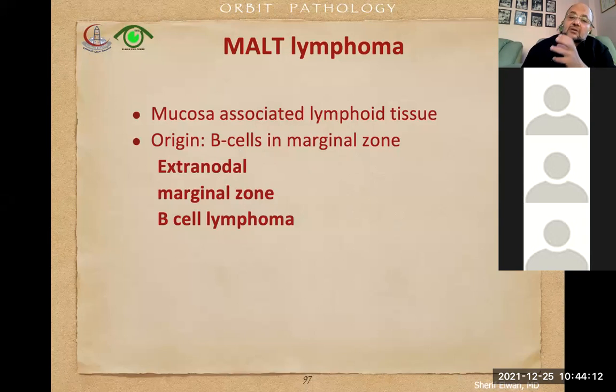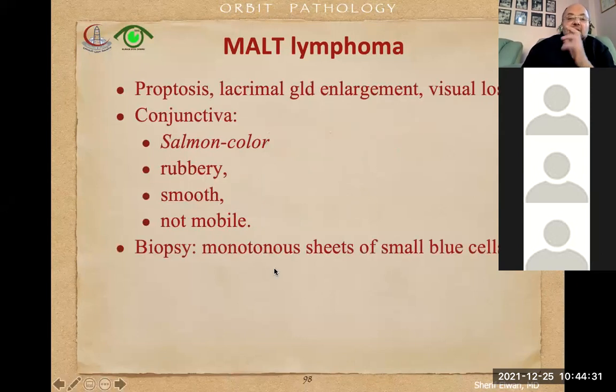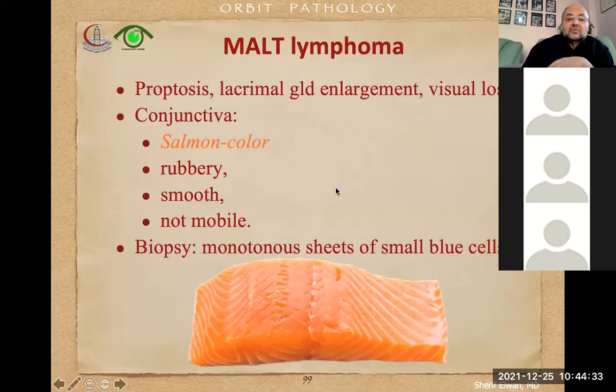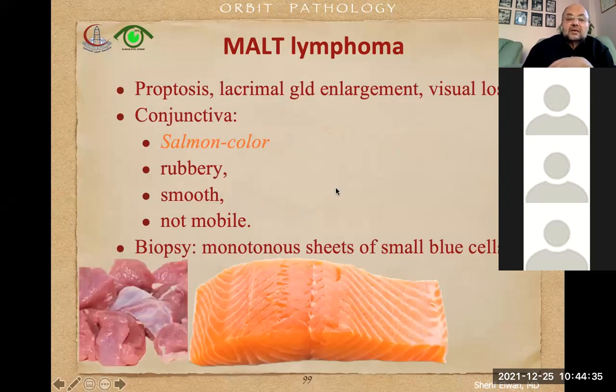And in the marginal zone, there are B cells and T cells. And the MALT lymphoma originates from the B cells in the marginal zone. It's extranodal, there are no lymph nodes. It is a marginal zone B cell lymphoma, marginal extranodal B cell lymphoma. This is the classification. Proptosis, salmon color, smooth, rubbery.